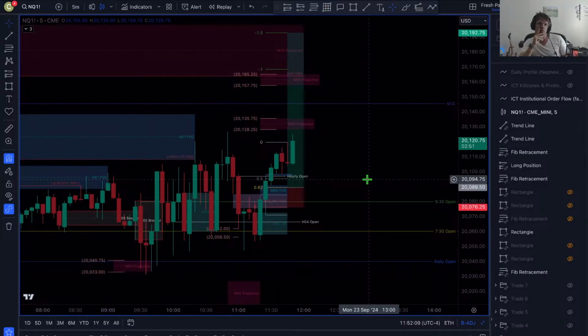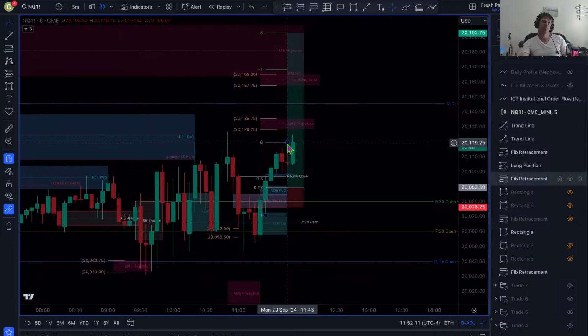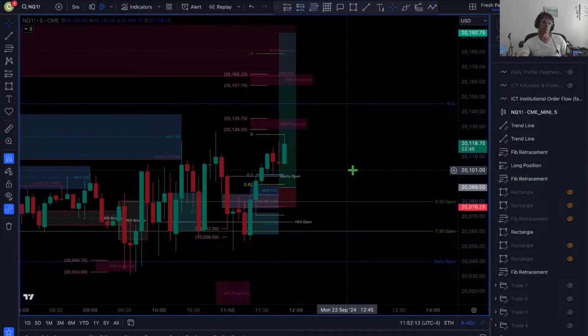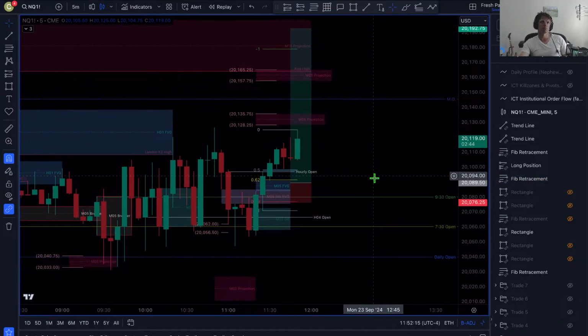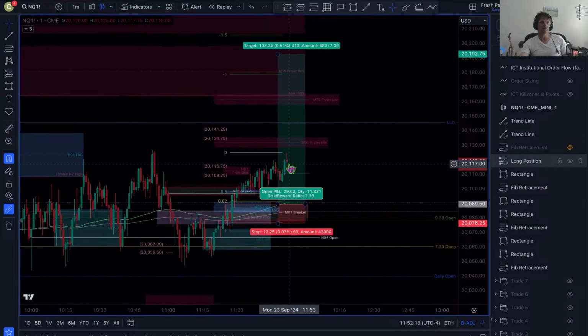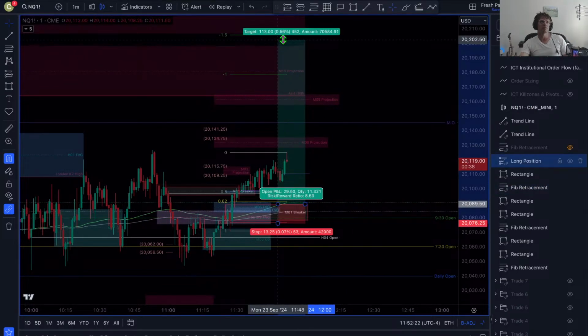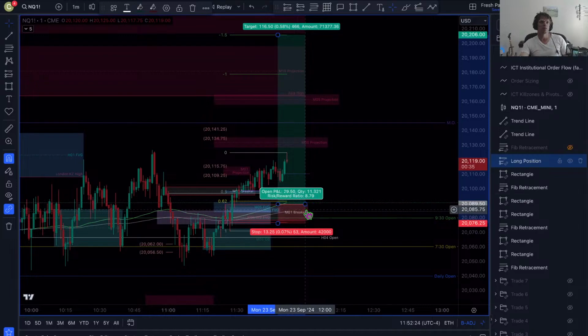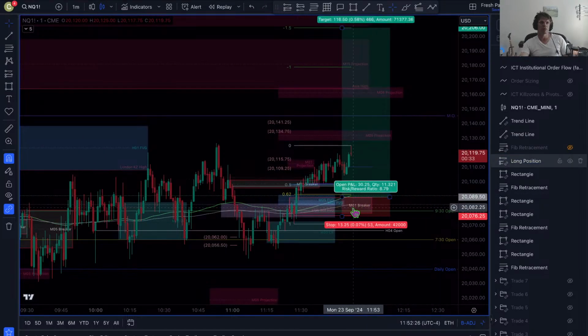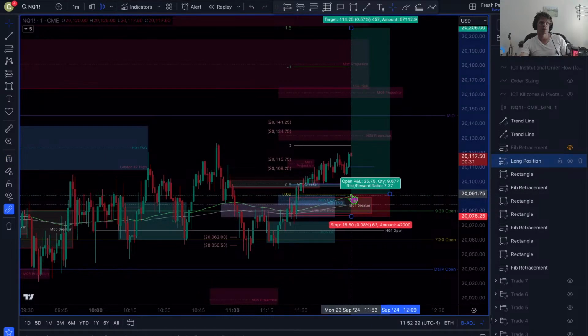This hits a 7.5 projection. Getting less and less happy about this trade, just because the entry's up there.